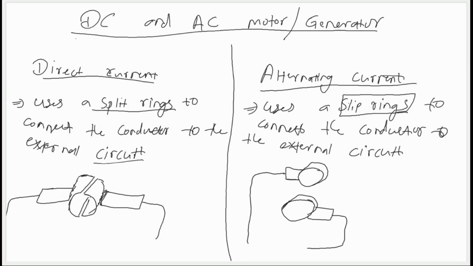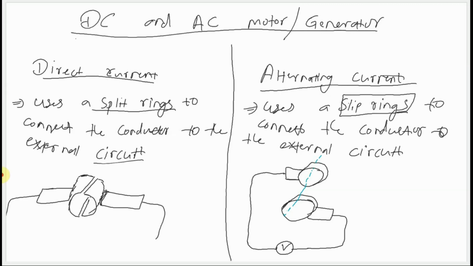And here you can connect either a battery or a voltmeter or anything else, depending on whether it's a motor or a generator. This is just a wire that will go and become a loop between the magnets. So this wire goes to make some form of a loop between the two magnets.